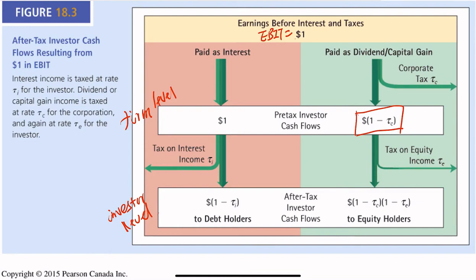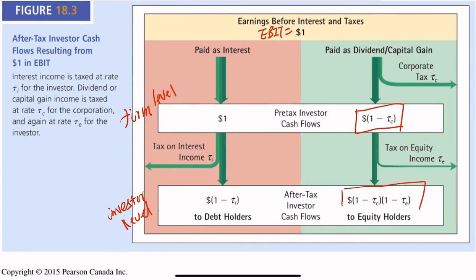And then at the individual level, the equity holder has to pay the equity income tax. So the after-tax income for this equity holder would be 1 minus TC times 1 minus TE. Here TE refers to the equity income tax, TC refers to the corporate tax, and TI refers to the tax on interest income.